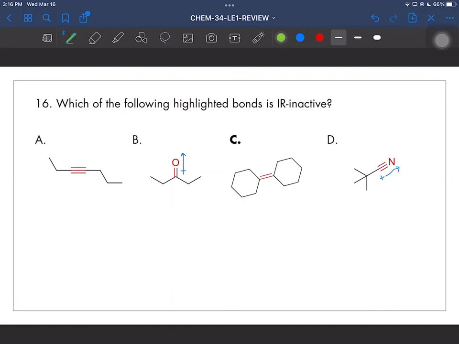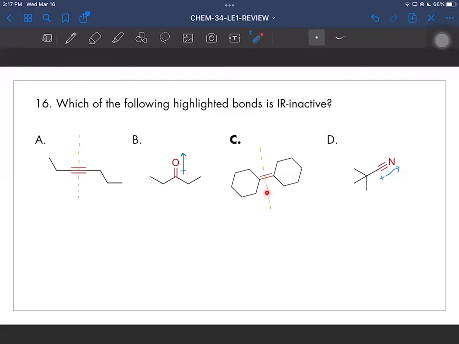So if we mark a line down the center of the triple and double bonds here and look at either side to see if the left and right sides are the same. In letter A, the substituents are different, the right and the left. This has an ethyl group. Meanwhile, here, it has a propyl group. So since the left and right sides are not the same, this would give a net change in dipole moment when we stretch the triple bond.